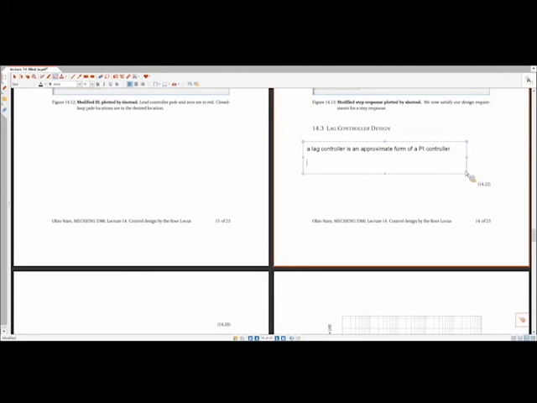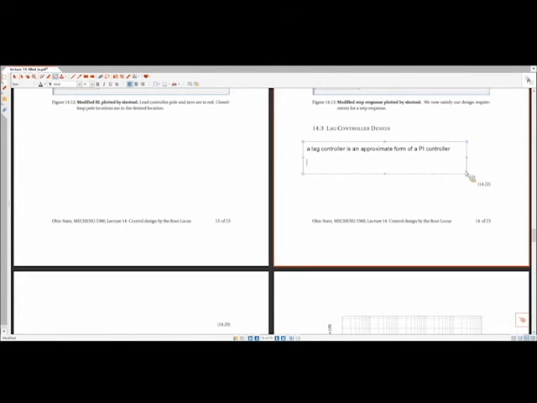What's the integral term do? Yeah, so at steady state, make sure that the error goes to 0, right? That's the whole idea. And we talked about some of the issues with it in terms of making systems potentially go unstable, but it doesn't always, you can definitely design PI controllers that are not unstable, but you have to worry about that. So same idea here.